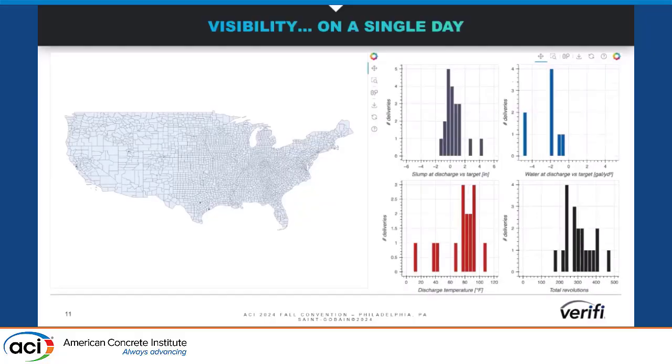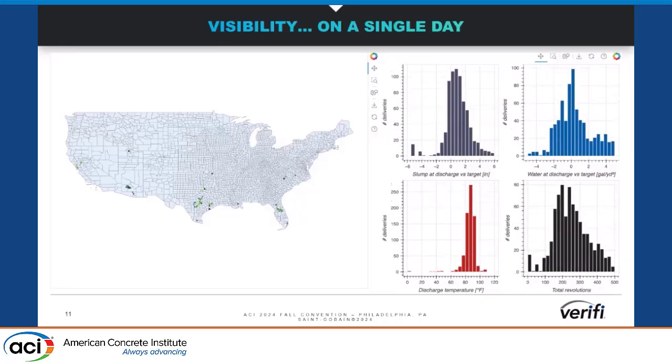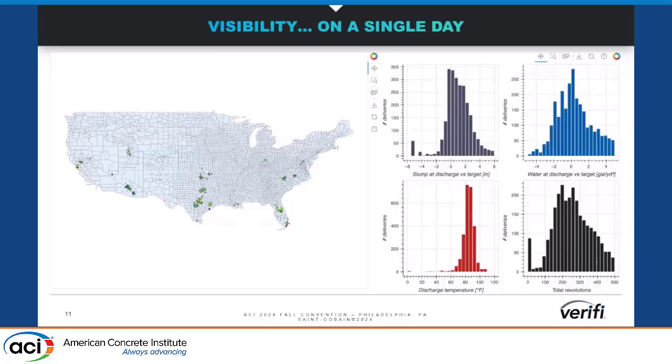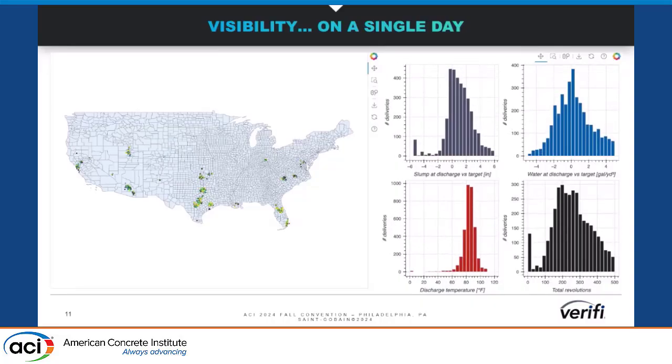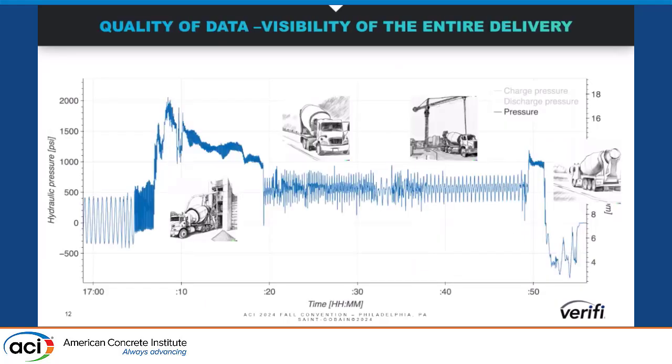Typical things you want to look at are slump at discharge, water at discharge, total revolutions, and discharge temperature, but you have this throughout the entire delivery. This is a single day in the life of what I get to look at. You can see all the activity going on in each of these trucks, generating a ton of data for us.